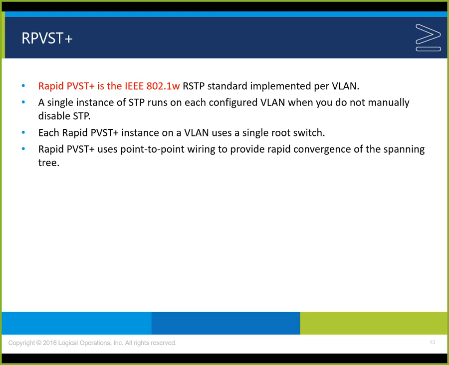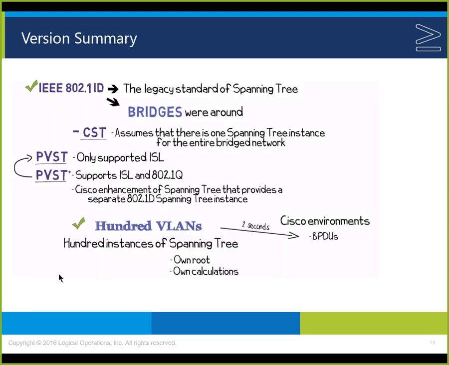If they're not all configured, and we have multiple VLANs, they're all going to use the same topology, which might not be what we want, because we might want to be able to use the capabilities to not have a port sitting there saying, somebody fail so I can come up, somebody fail so I can come up. So we have some resources doing nothing, and we really don't want that.